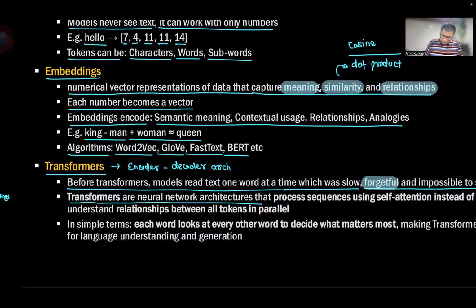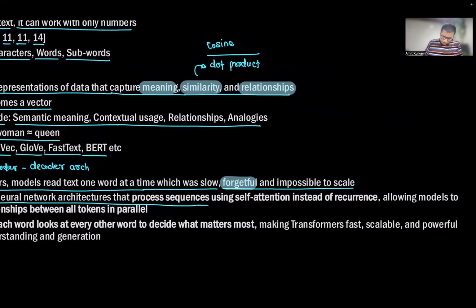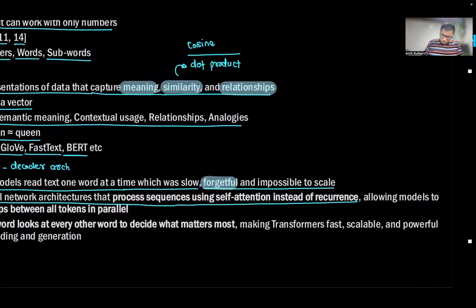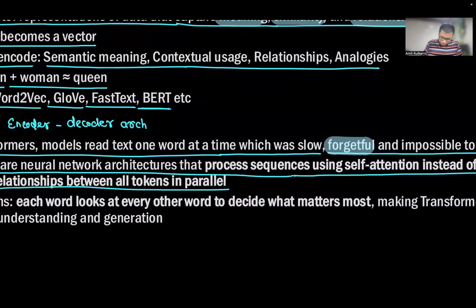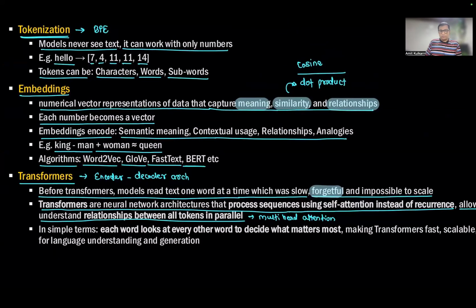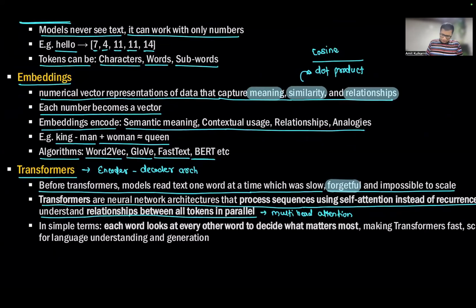Transformers are neural network architectures that process the sequence using self-attention instead of recurrence, allowing models to understand the relationship between all tokens in parallel. This is possible by using something called multi-head attention. Again, next week we'll be implementing this from scratch, and not once, we'll implement it three times: simple attention, self-attention, and causal attention. We'll talk about that next week.